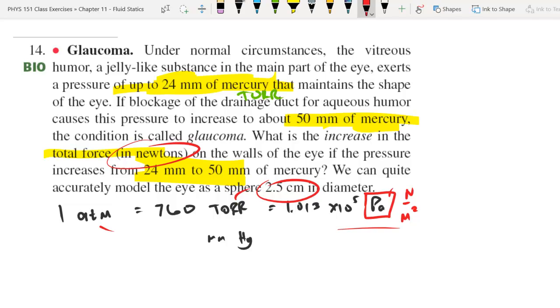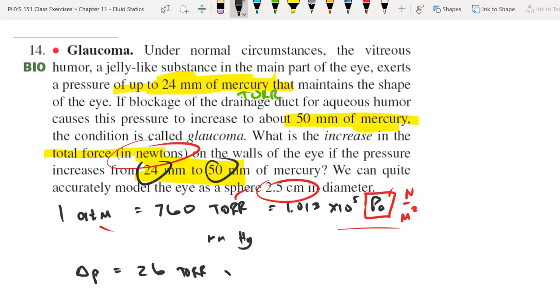So the first thing to talk about is, what is the increase in pressure measured in pascals? Our increase in pressure, call this delta P, is 50 minus 24. It's 26 torr, right?